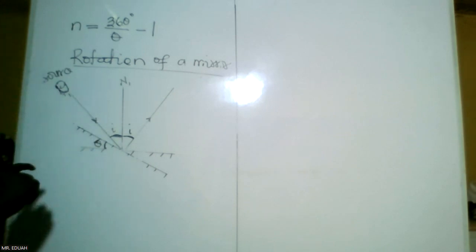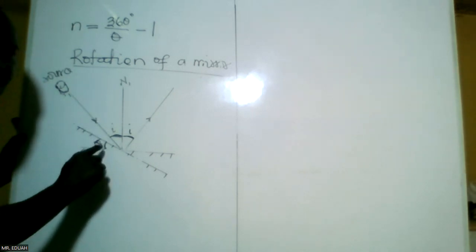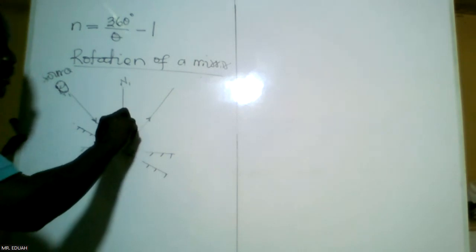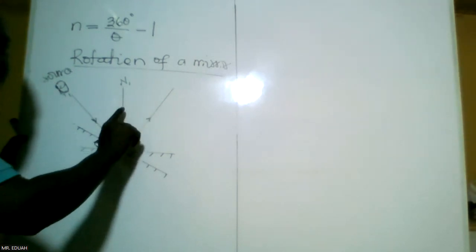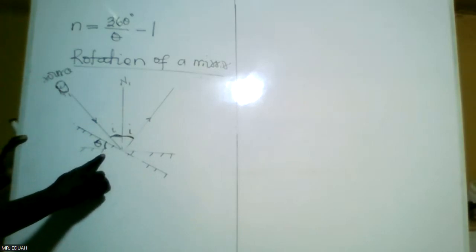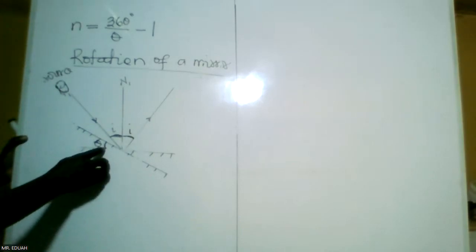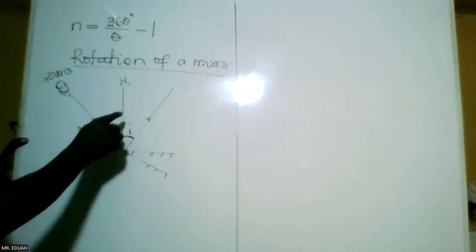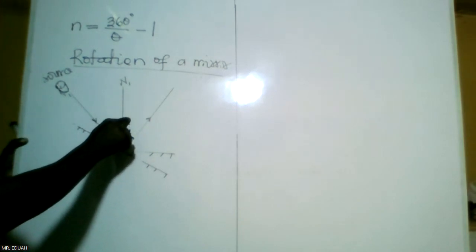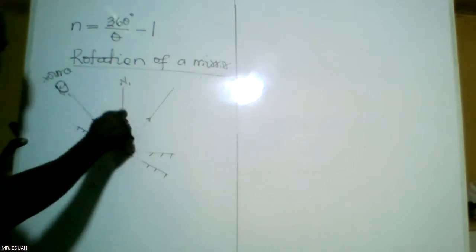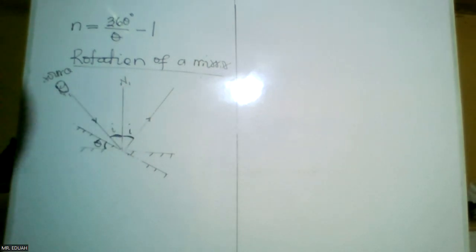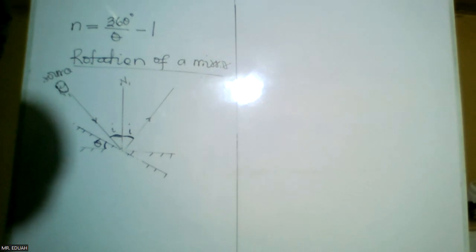So the point is that when you rotate it by an angle theta, the normal would also change from its original position by the same angle. So when you rotate it by 15 degrees, the angle between the new normal and the old normal would also be 15 degrees. Are you clear?